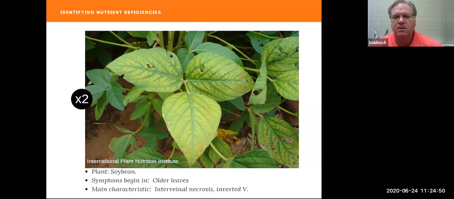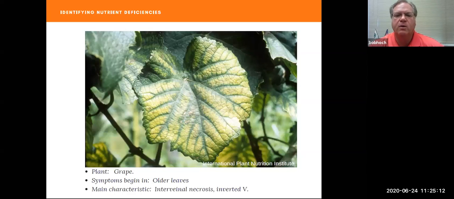So this soybean crop was really deficient in magnesium early, and either they've corrected it or it's still in the process of moving this mobile element from the older leaves to the newer leaves, and therefore showing the symptoms on the older leaves. So that's what magnesium deficiency would look like there.